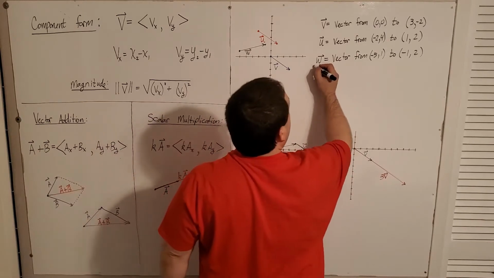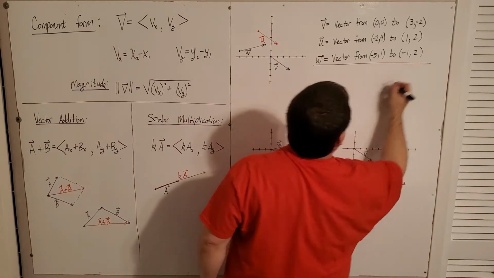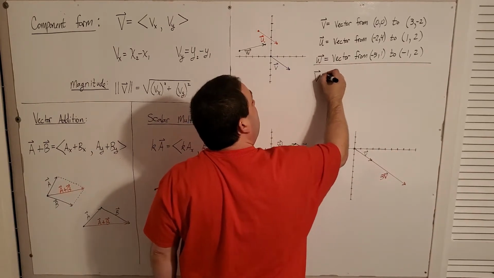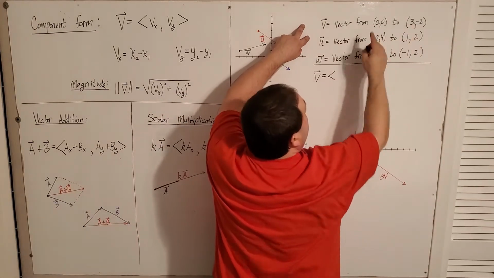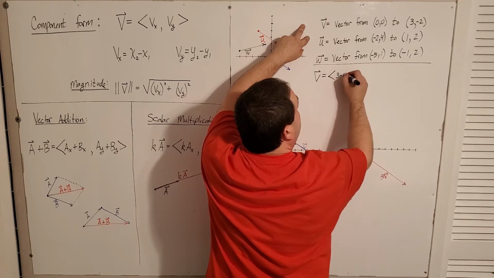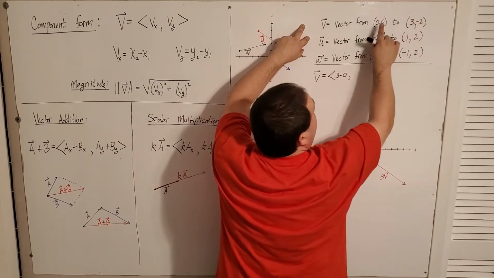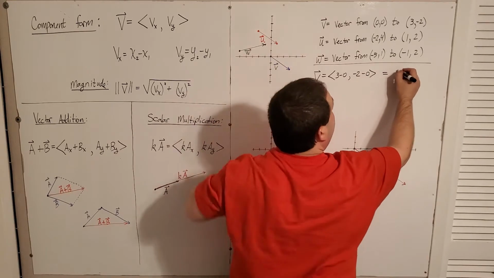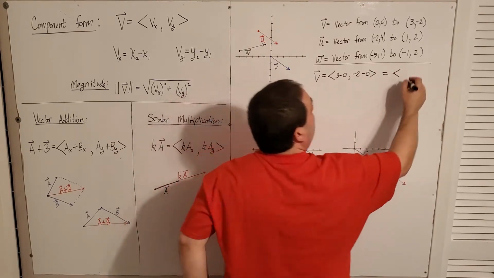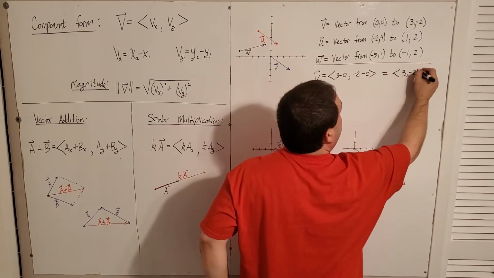So V is going to be 3 minus 0, comma, negative 2 minus 0. In other words, V is going to be the vector ⟨3, -2⟩.